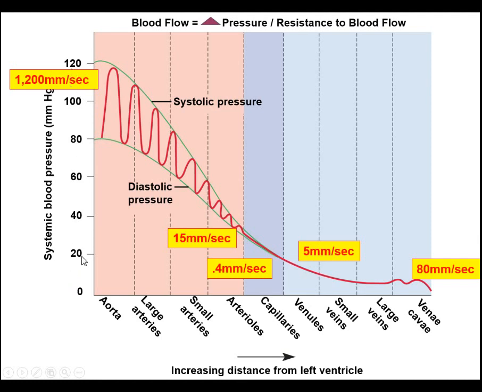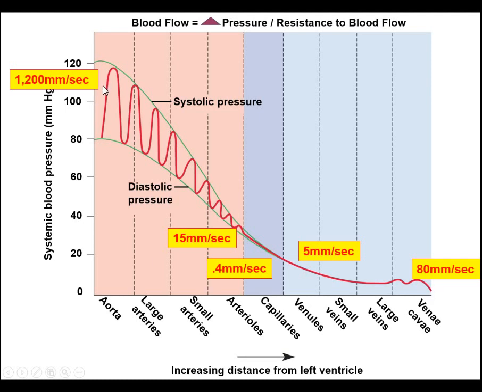Then on our x-axis, we're looking at vessels closest to the heart, where the blood comes out, the aorta. Then we're moving away from the heart into smaller and smaller arteries, into our capillaries, and then out on the venous side through our venules, small veins, large veins, and to our vena cava. So we're back to the heart here.